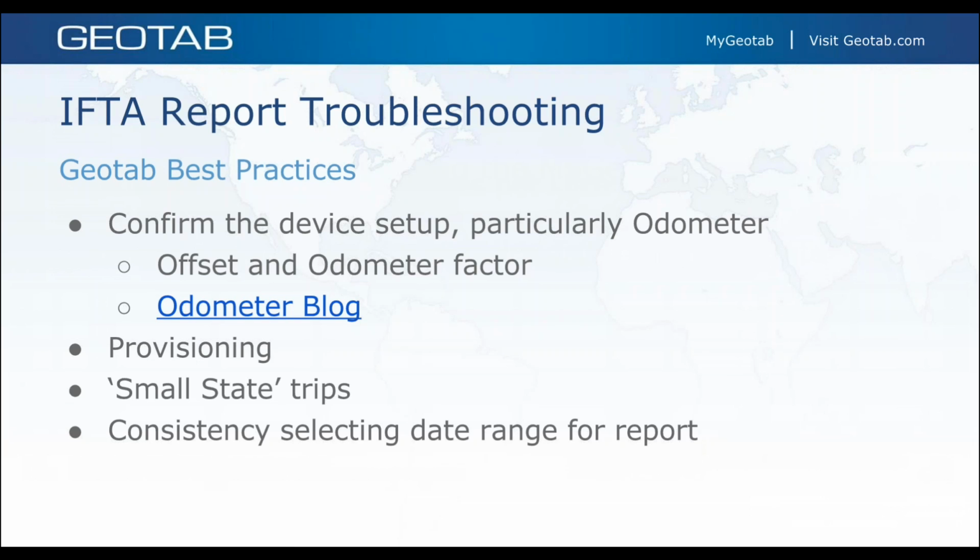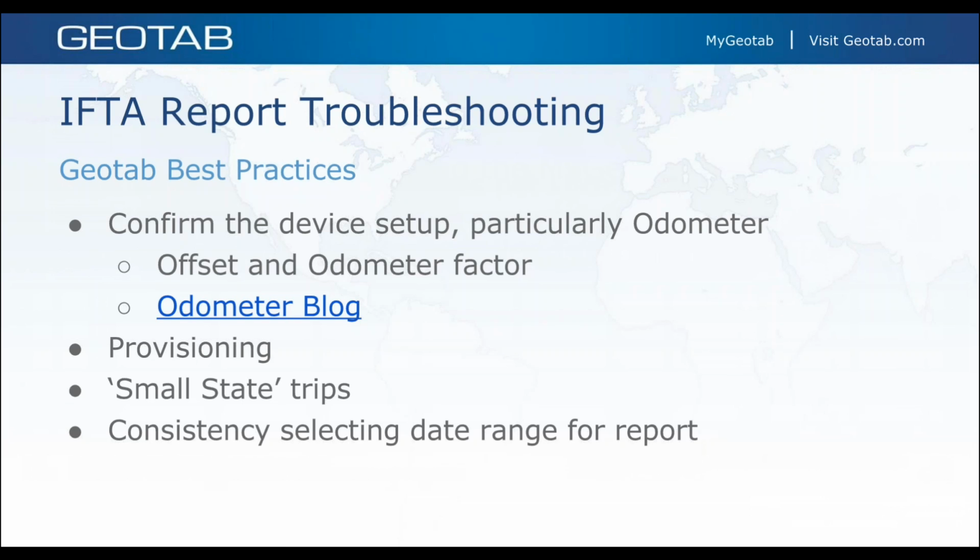So one piece that is quite important is when a new customer is starting with Geotab, if they're interested in using the odometer function for anything, and in particular IFTA, it is quite important that we make sure the device setup is correct.